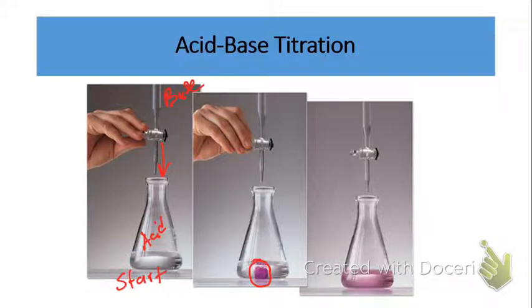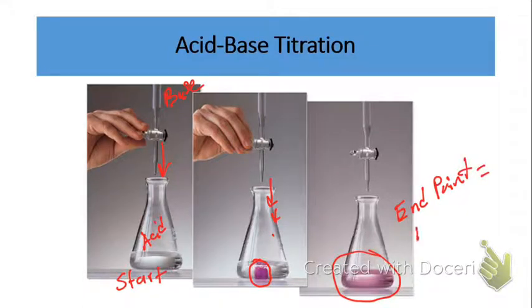That color change, though, will disappear once all the base has been used up, because it is the limiting reactant. And then you're going to continue to keep on adding more and more base, drop by drop, until eventually the color is changed completely and you hit the end point of the titration, which we hope again is equal to the equivalence point.